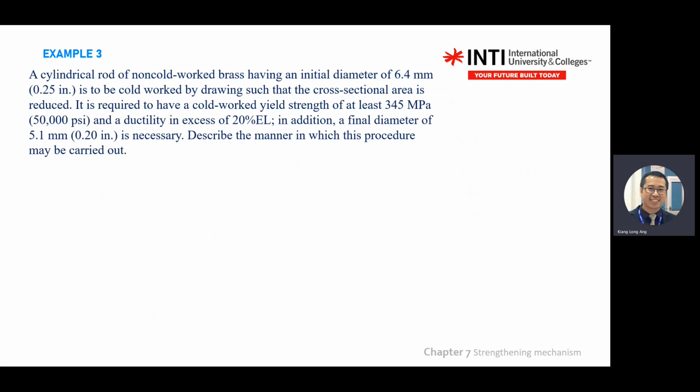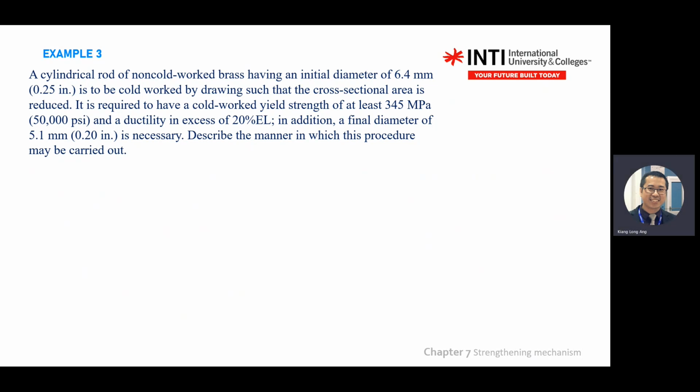Okay, example 3 is the cold work example, showing how you apply it. You have a rod of non-cold-worked brass with an initial diameter.